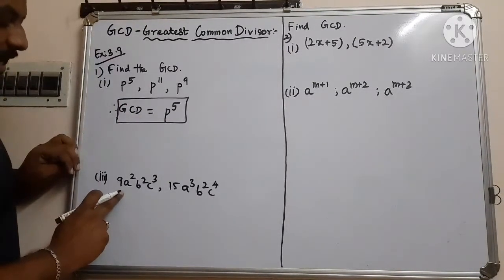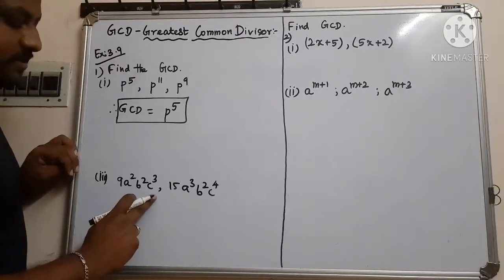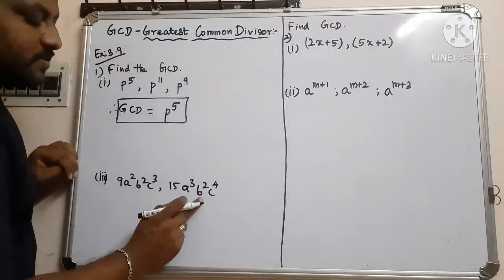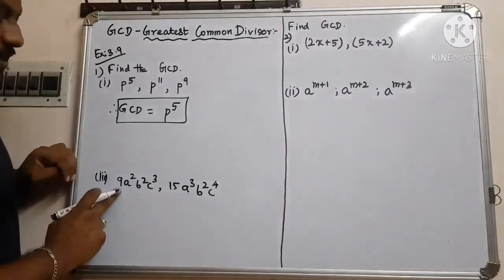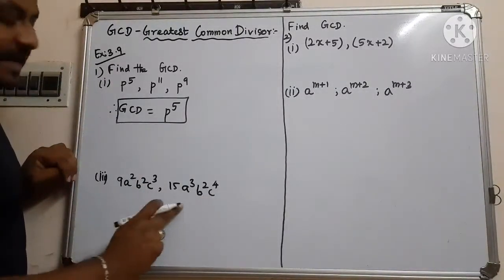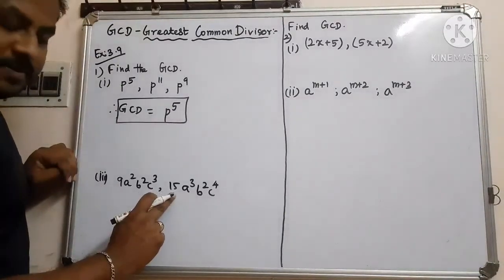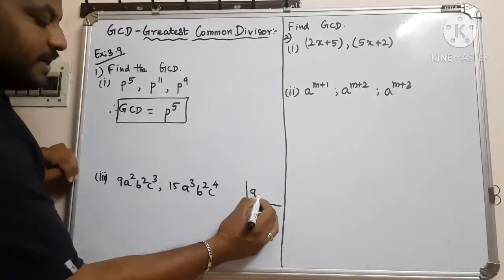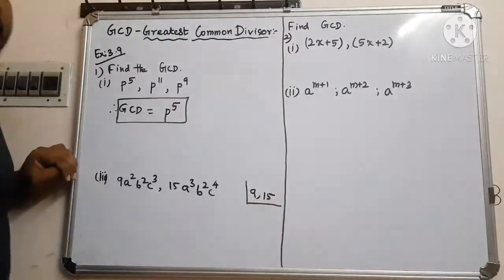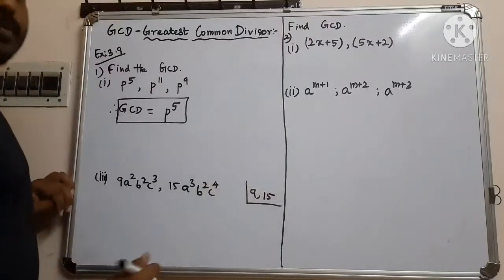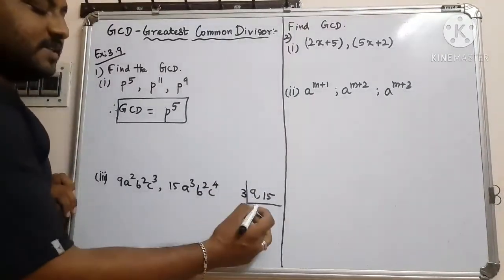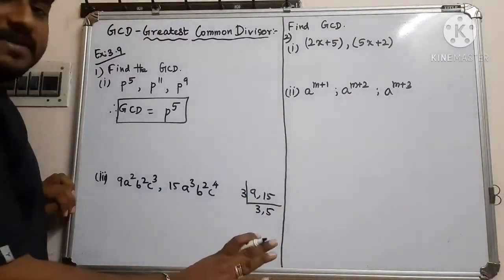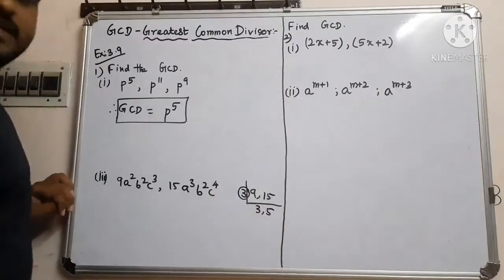Third one, 9a square b square c cube. This is one term. Second term is 15a cube b square c power 4. If numbers are given like this, first you have to check the numbers 9 and 15. We have to find the common divisor for both numbers. 3 is a common divisor: 3 3s are 9, 5 3s are 15. So only 3 is a common divisor.